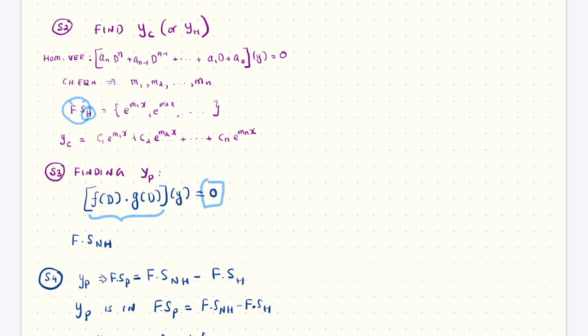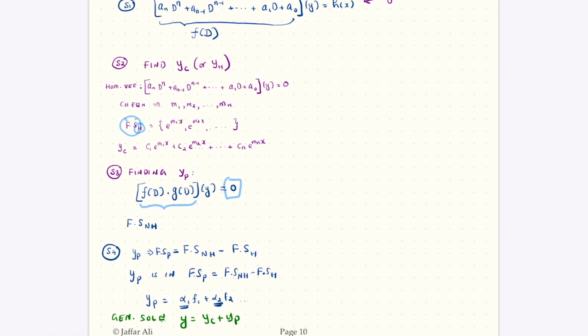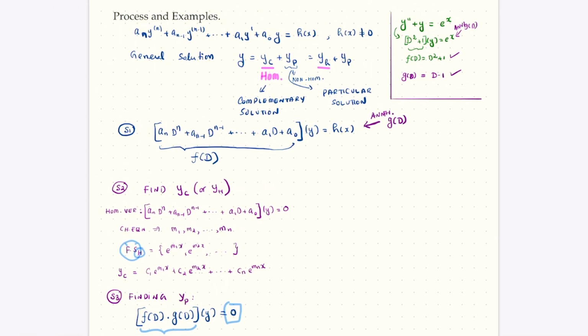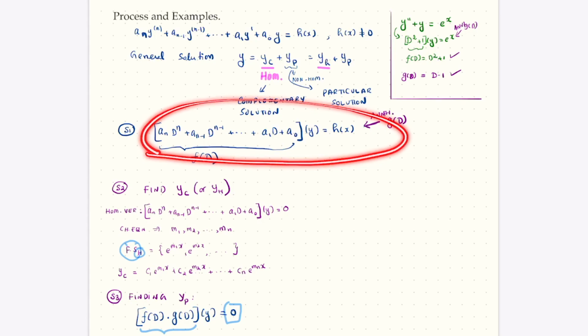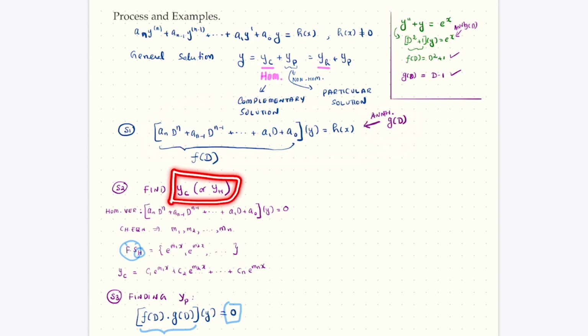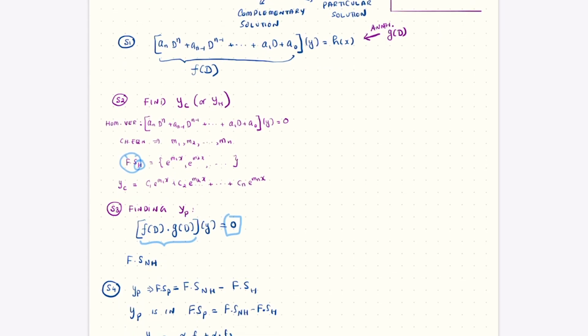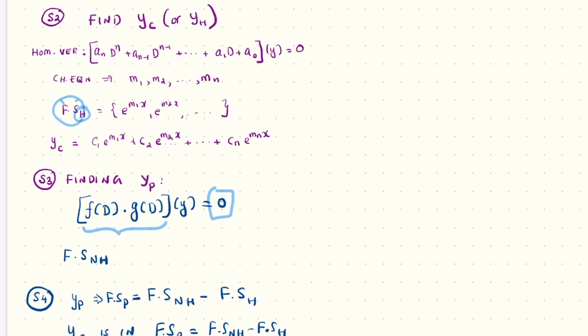Let me quickly summarize the process. The very first step, I write the equation in operator form and find the f of d and g of d. Then I find the yc, the solution to the homogeneous problem, also known as the complementary solution, the same way we did earlier.